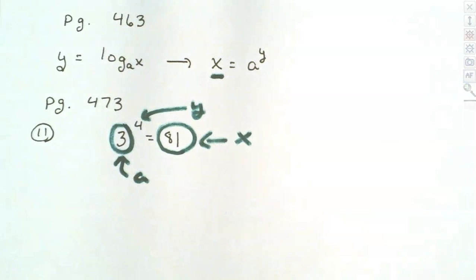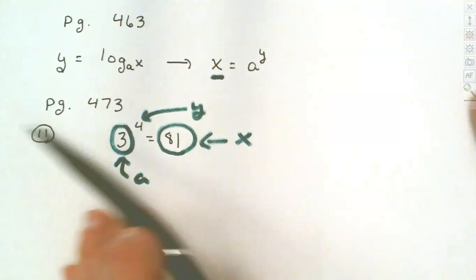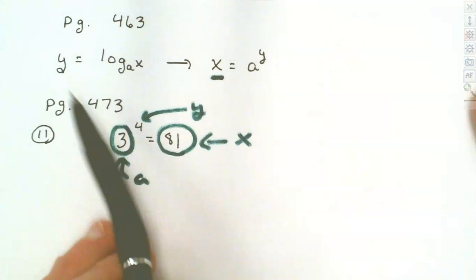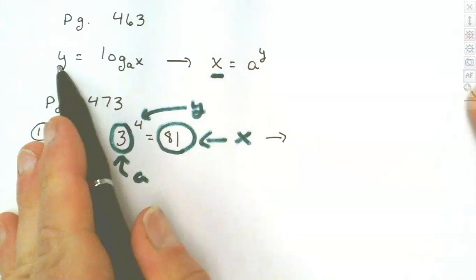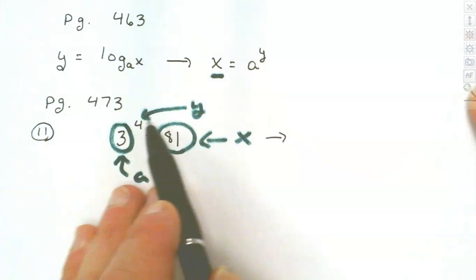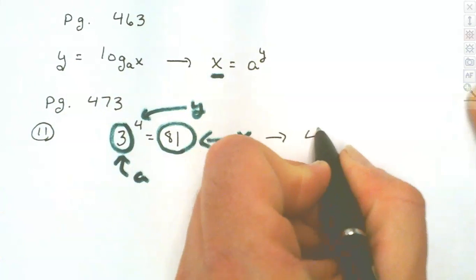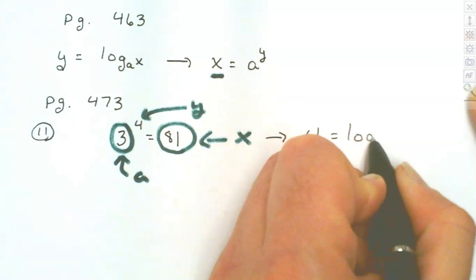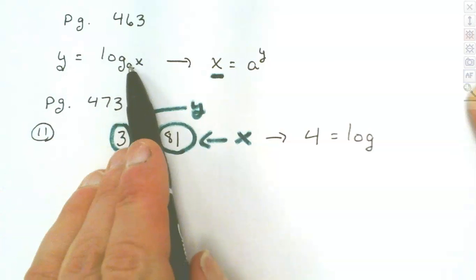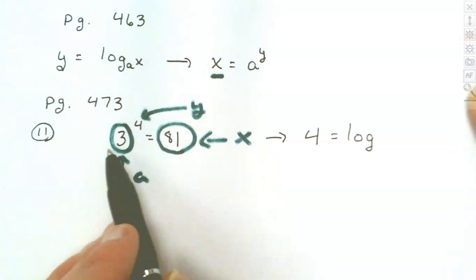Now we're just going to convert this to a logarithm. As a logarithm, we need our y first, right? Because y is first. And what did we determine the y was? That was 4 equals log. And that number below is the base. And what's my base?